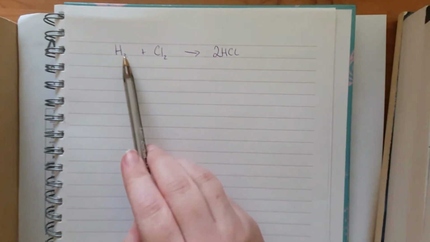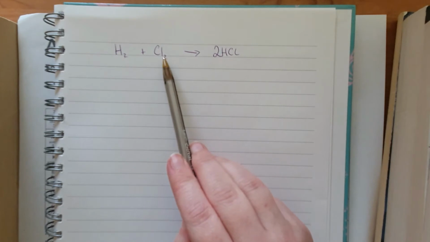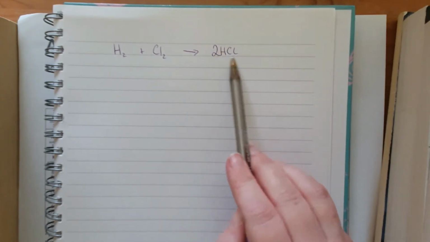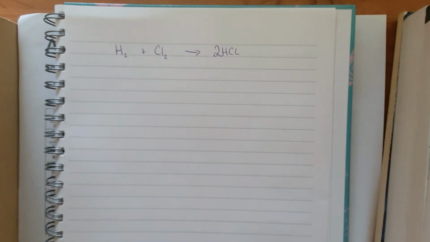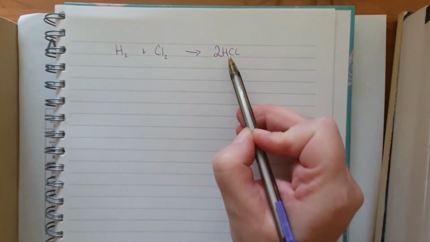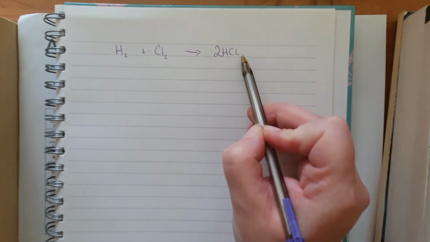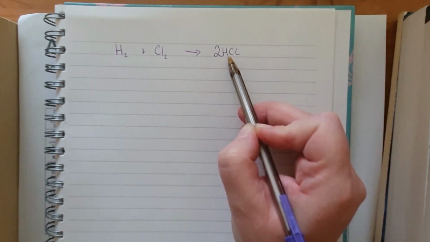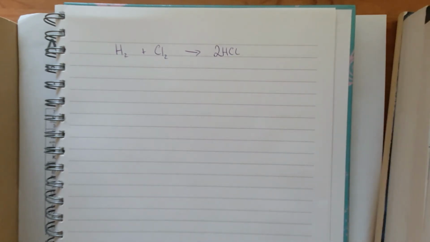Now, we usually talk about this being 2 molecules of hydrogen and 2 molecules of chlorine reacting to make 2 molecules of our hydrochloric acid. No, it doesn't have to mean that. So over here, I don't have a number and I don't have a number here, which means it's those imaginary number 1s that chemists just don't write because we're a bit too lazy.